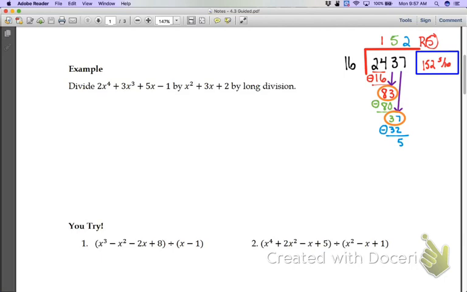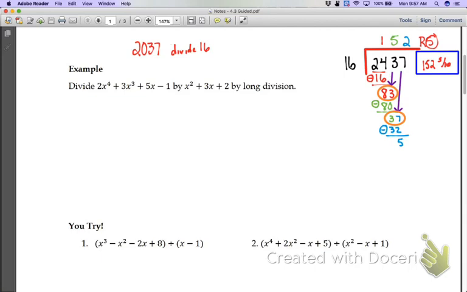So now, whenever we do long division, the one thing we have to make sure that we deal with is having any sort of placeholder. Like if it would have said, instead of 2,437, if it would have said 2,037 and divide by the 16, right?